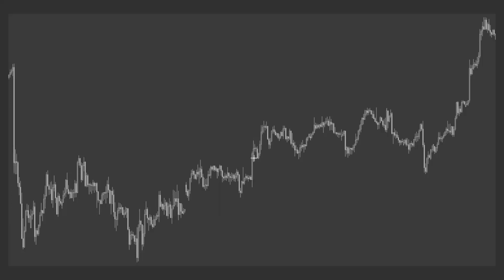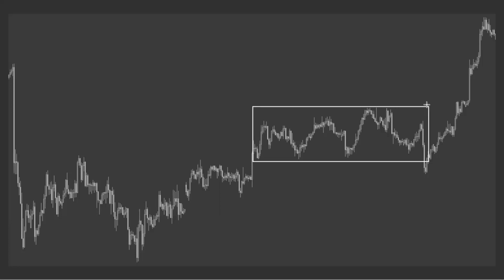Okay, so in this case you've got quite a clear range here. There's your flag limit. You will have had people shorting this breakdown, expecting for both this range to end and for this uptrend to end, for price to carry on down, to start breaking down.